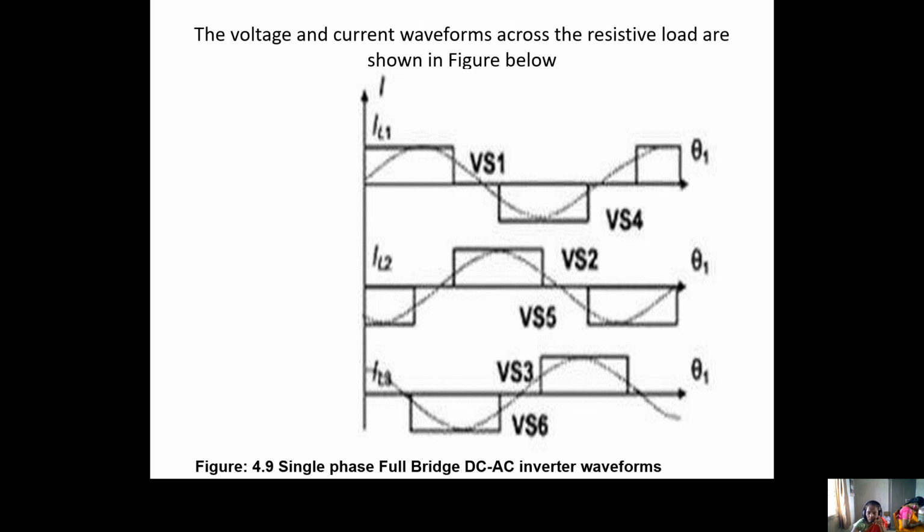So the current IL1 will be obtained in VS1 and IL2 will be obtained in VS2, and IL3 will be obtained in VS3. So the negative mode will be obtained in the full bridge. So these are the current waveforms.